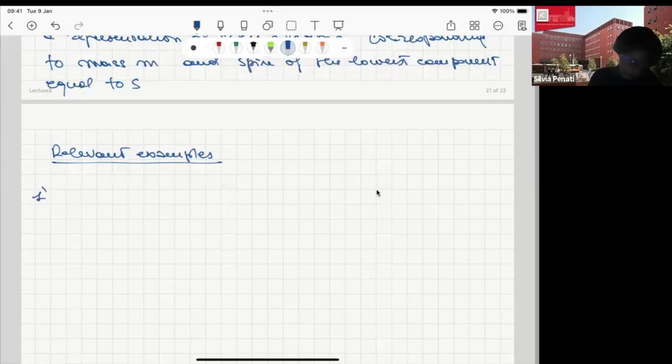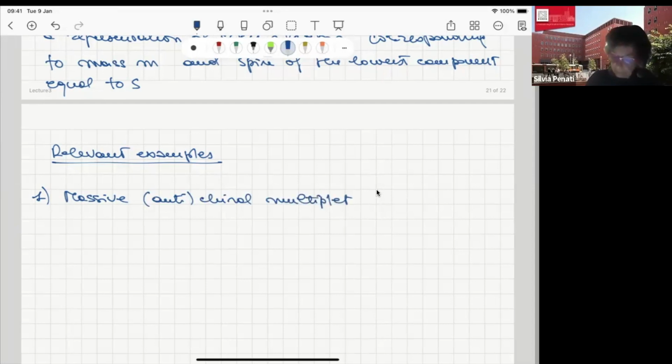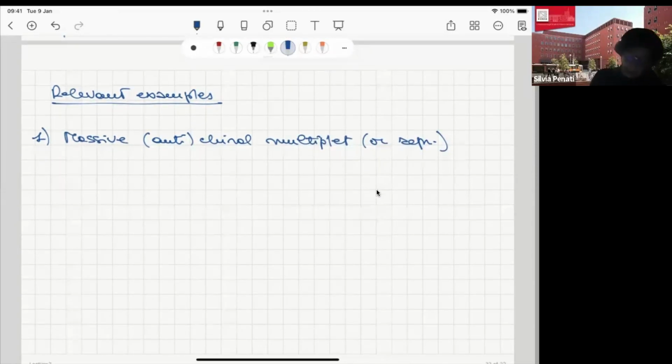The first relevant example is the massive chiral, well, actually anti-chiral in this case, multiplet or representation, which is obtained when we set s equal to 0.